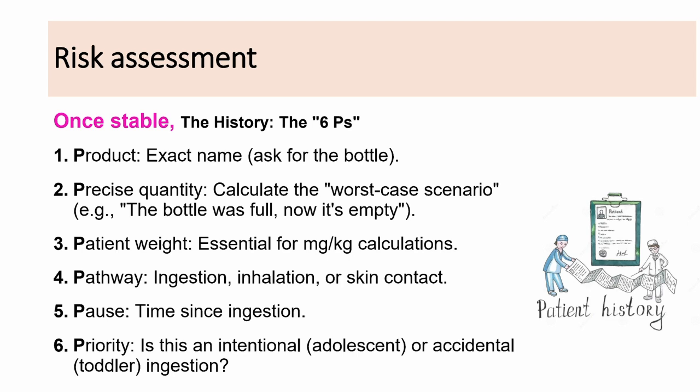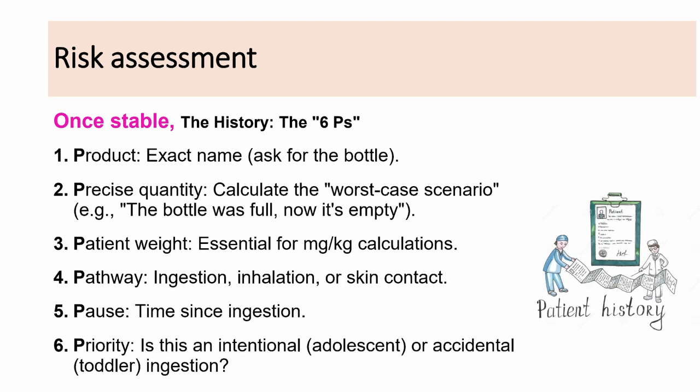Mainly, history is most important because of the amount of poison. That means we have to get an idea of the concentration. What is the product, and the quantity, that means the amount, we have to calculate.